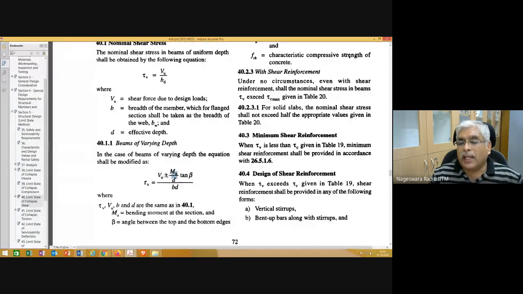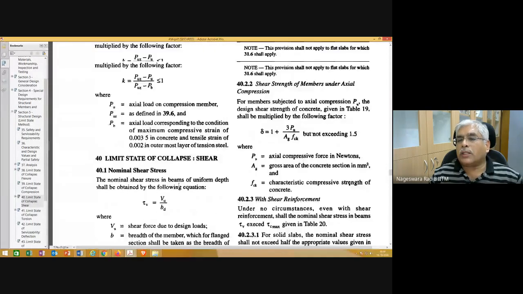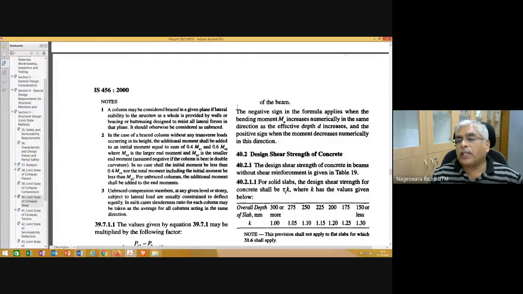And there is something else here, plus or minus. When I need to take plus, when I need to take minus, that is also given here. The negative sign in the formula applies when the bending moment Mu increases numerically, only the numerical value, not with sign, in the same direction as the effective depth d increases.